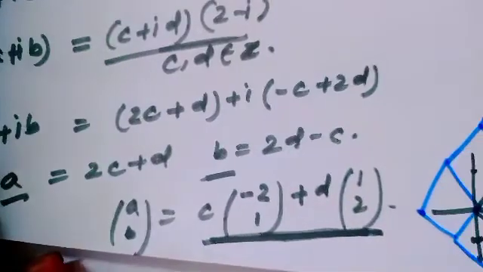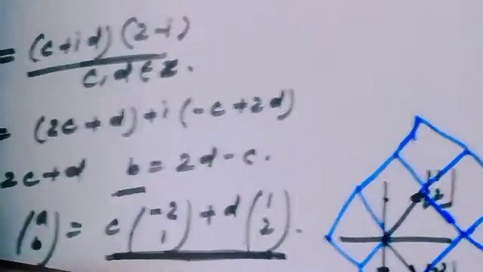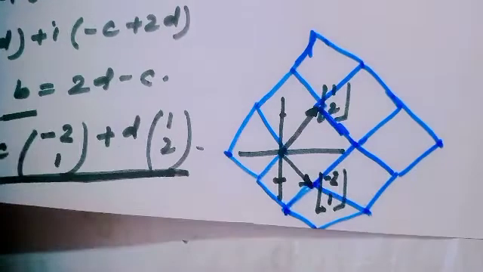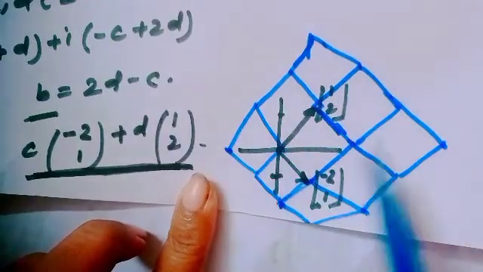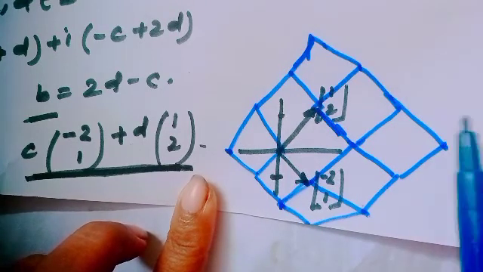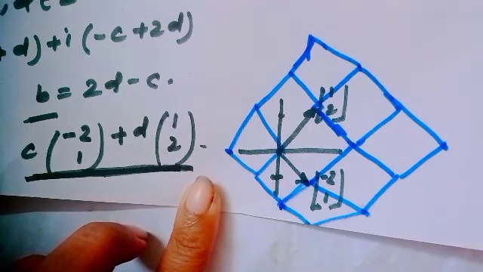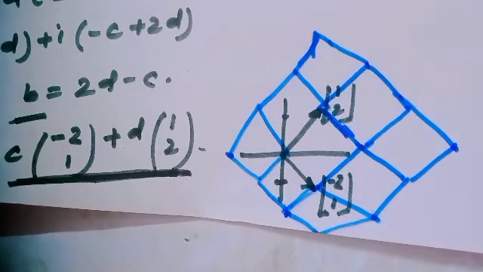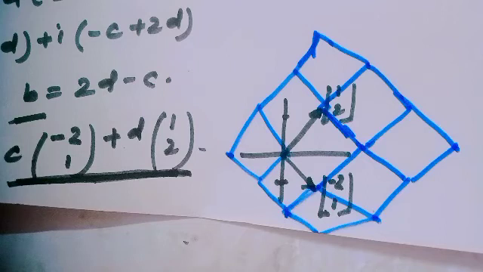Since the vector AB is a combination of these two vectors, it looks like this type. This will extend. So this is the clear idea about the quotient ring Z[i] modulo the ideal generated by 2 minus i, which is isomorphic to the group Z5.